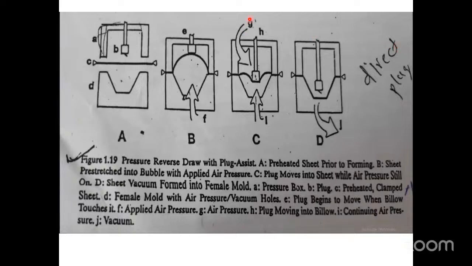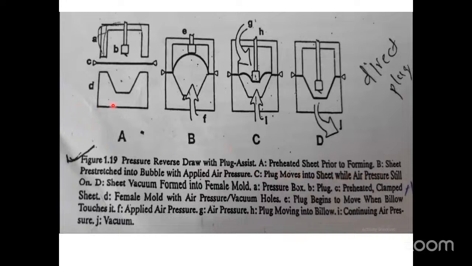See now here also, you can see a pressure reverse draw forming, plug assist forming. This is again a different type, pressure reverse draw with a plug assist. First, see here a pre-heated sheet prior to forming.